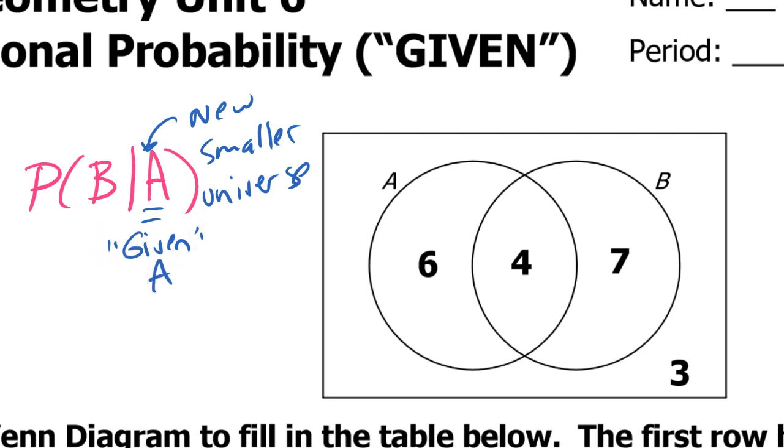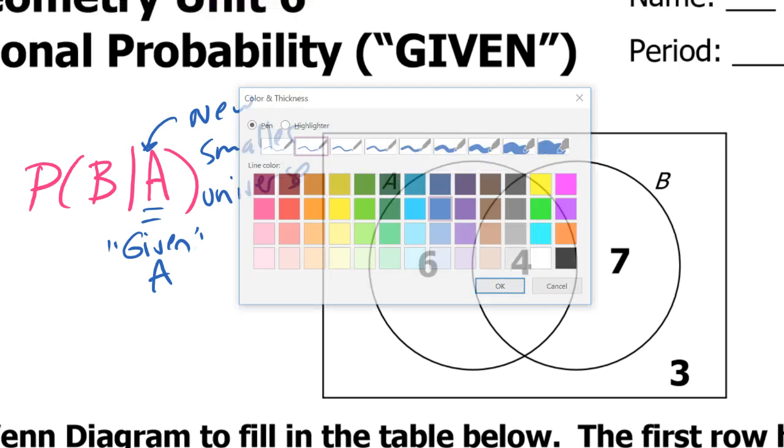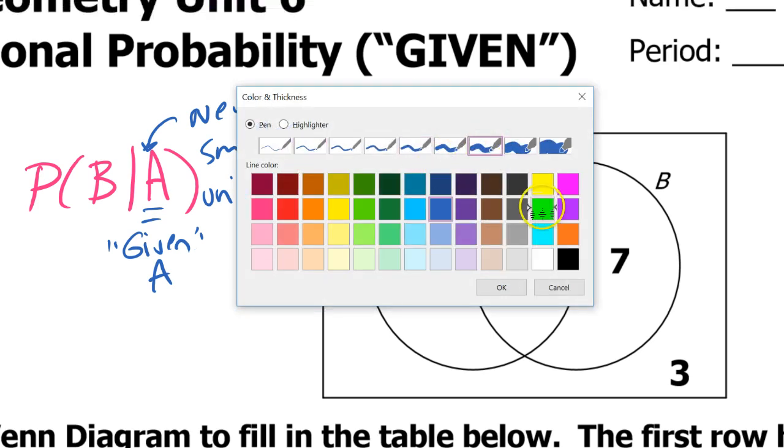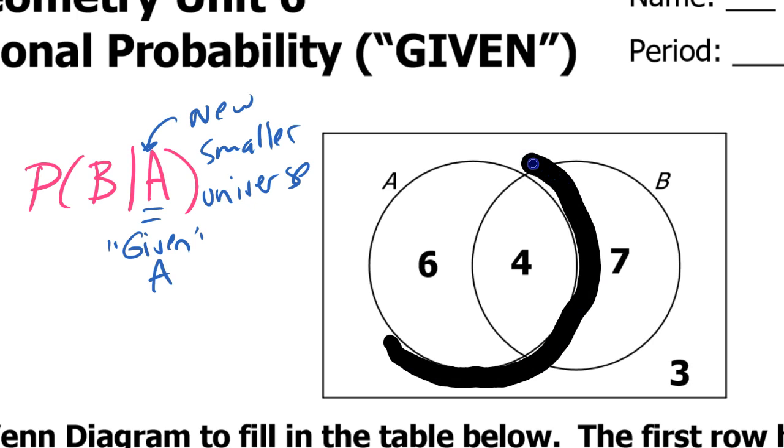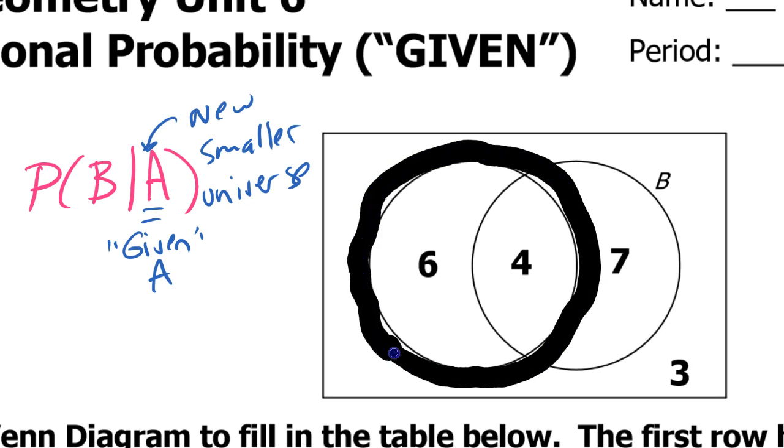So since A is the new smaller universe, we can black out everything outside of A. So just focus your eyes on A, because A is given. Forget about everything else.